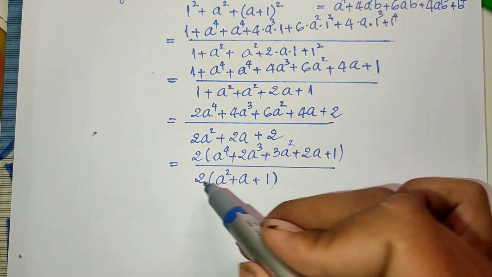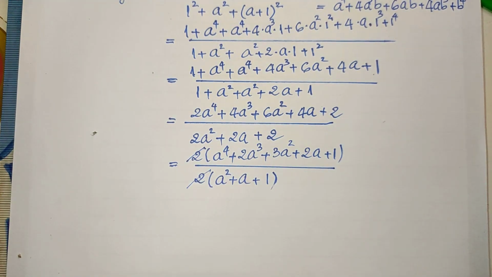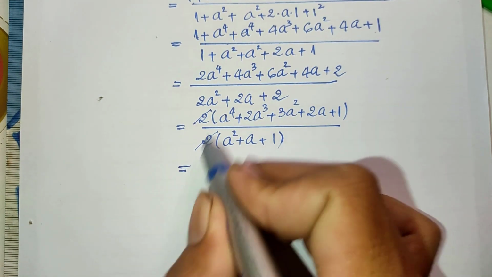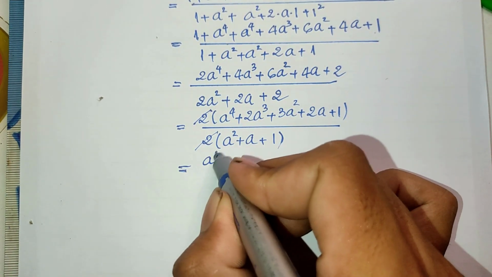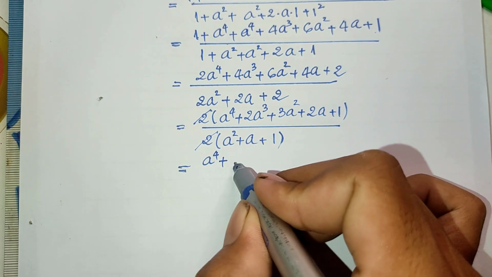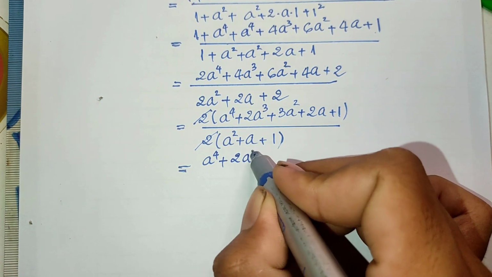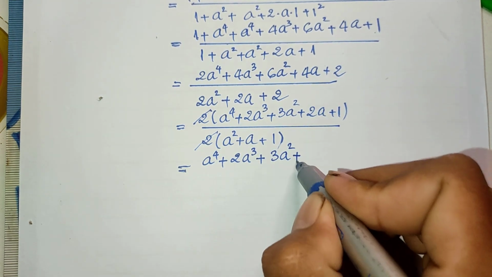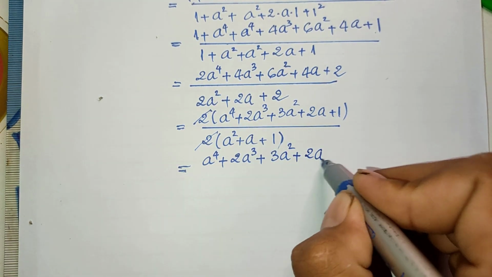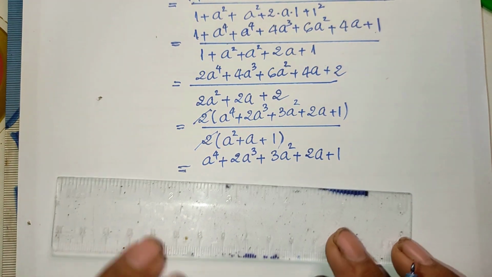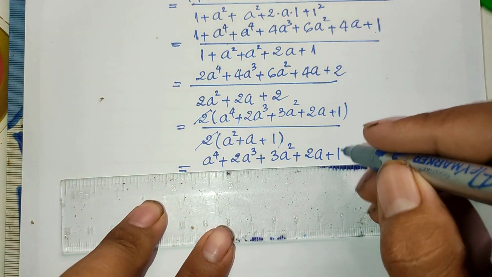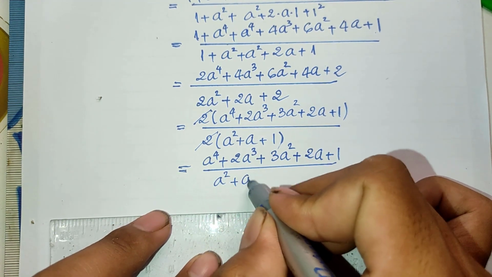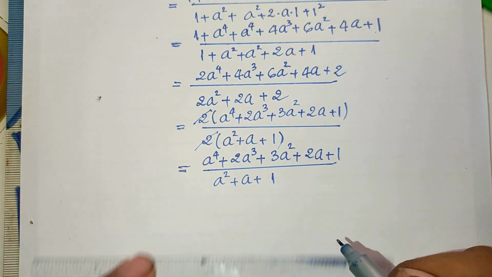And so now we cancel 2 with 2. And now we get a power 4 plus 2a power 3 plus 3a squared plus 2a plus 1, divided by a squared plus a plus 1.